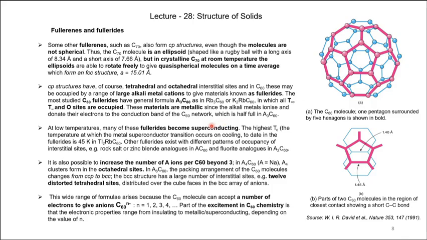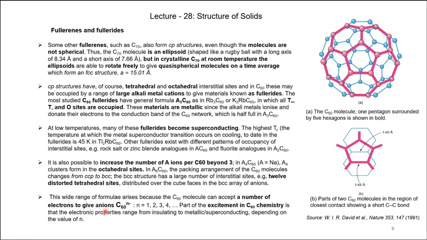And we can have very many different types of fullerides. We can see that these fullerides become superconducting materials. The superconducting temperature is 45 K for cesium rubidium C60. These fullerides exist with defined patterns of occupancy of interstitial sites. As I say, this is close packing, and we can compare this with rock salt and zinc blende analogs, AC60 and A2C60.